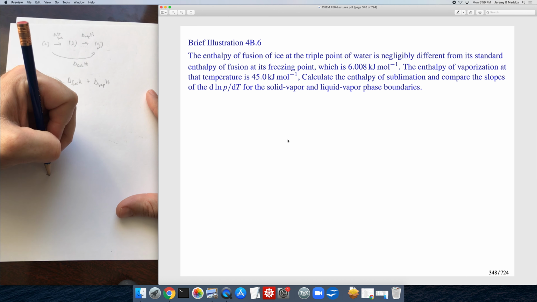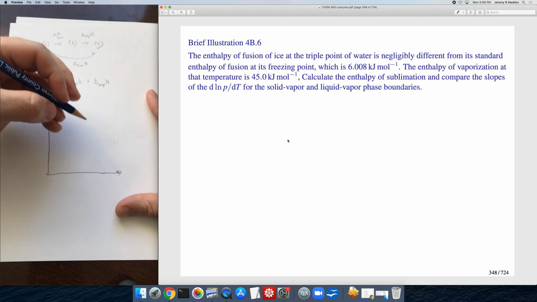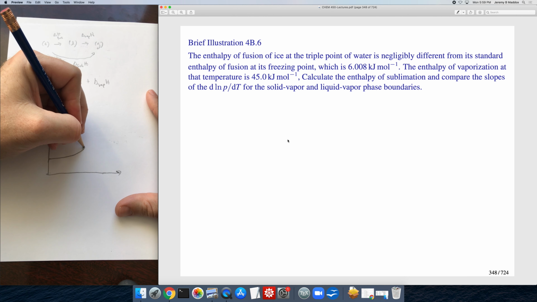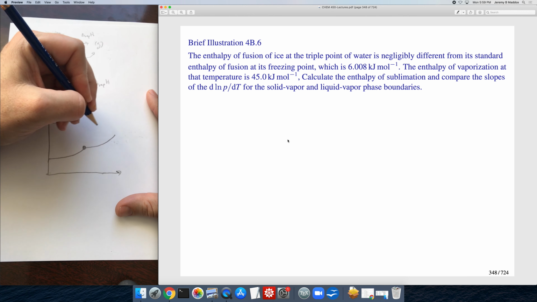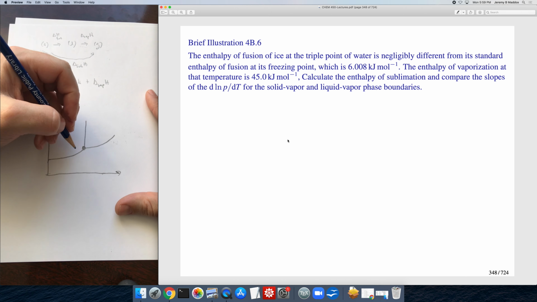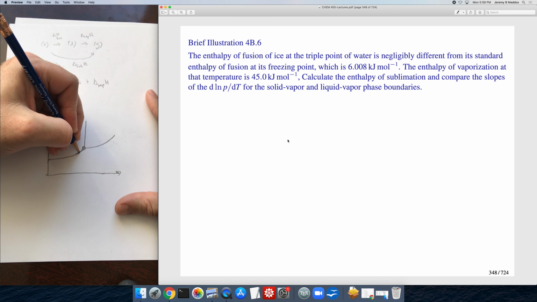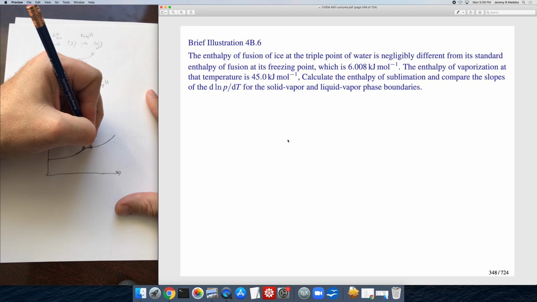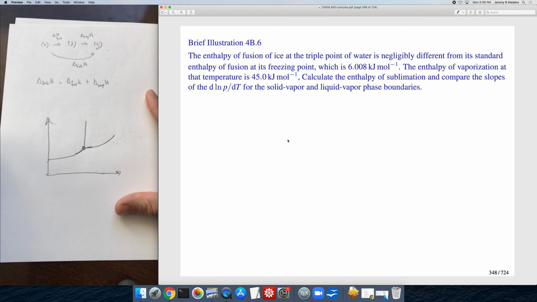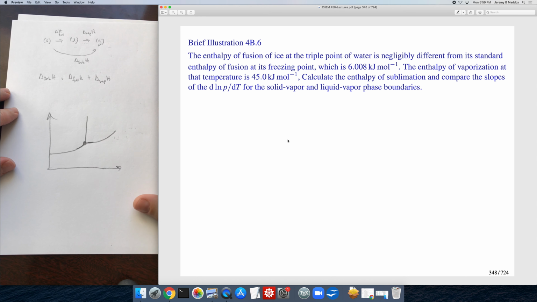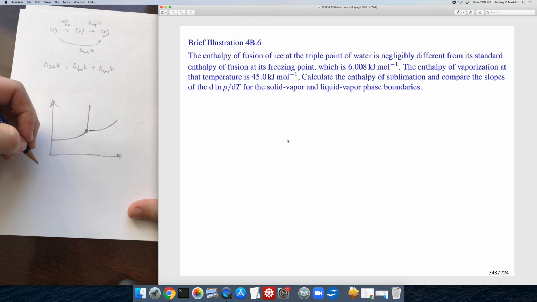What they're talking about is, we're at the triple point, and what they want you to do is to calculate the slope of this line and the slope of that line in the vicinity of the triple point. You wouldn't really need much of anything else.